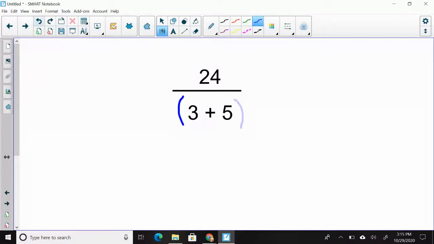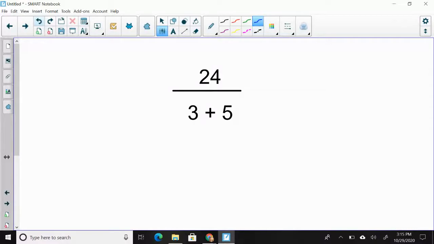Even though there are no parentheses around that, you are going to take 24 and divide that by the sum of 3 plus 5. So you will have one of these on your performance task. It looks very, very similar to this one. So if you get stuck on that one, you can always come back to this video and watch how this one is done.